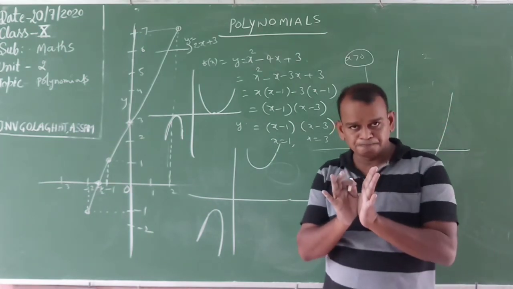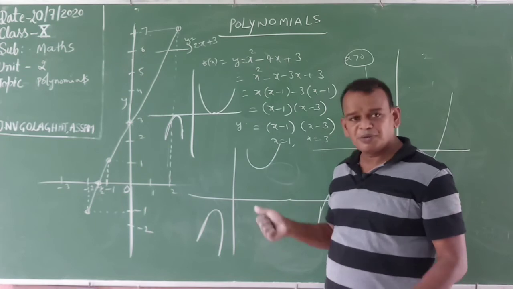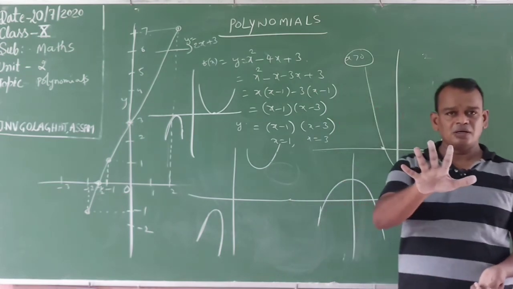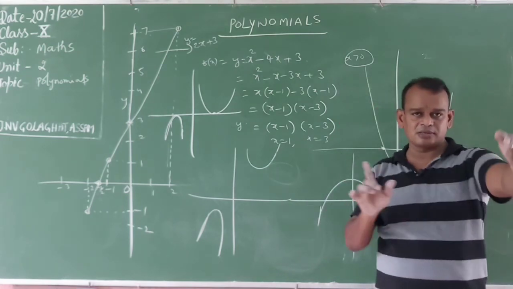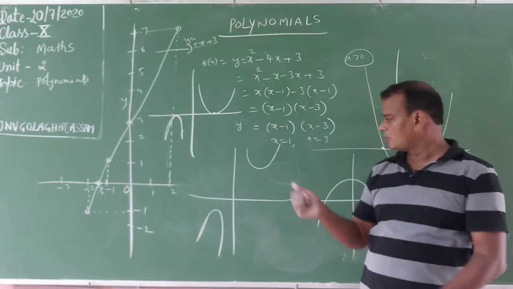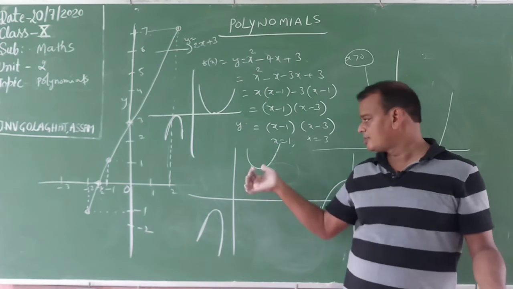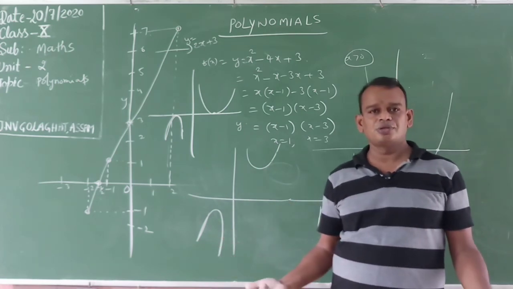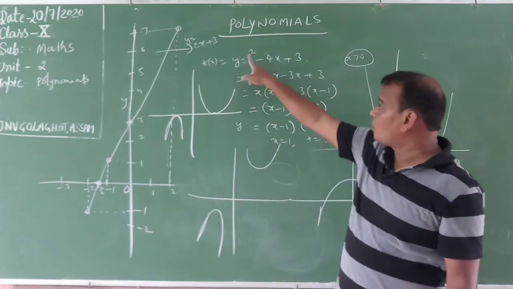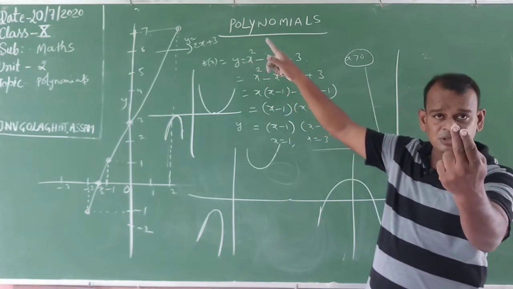No doubt at all. But what is the meaning of the zero? Any curve, any polynomial that intersects the x-axis, that point is called a zero of the polynomial. Here it does not intersect the x-axis, so it has no zeros.